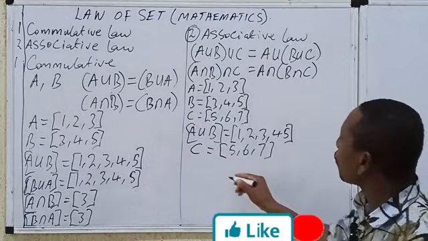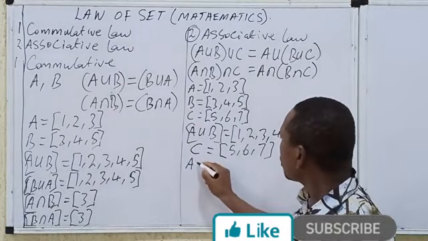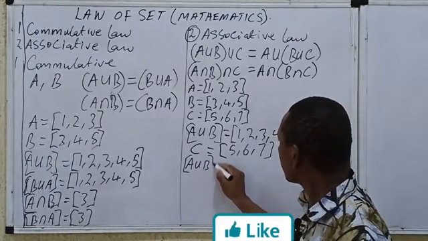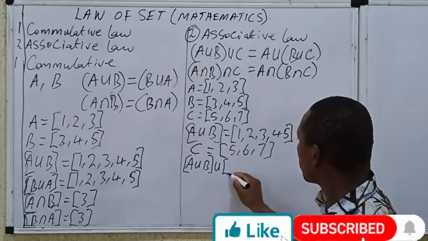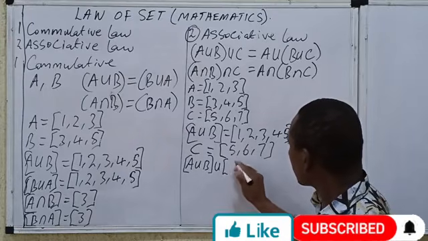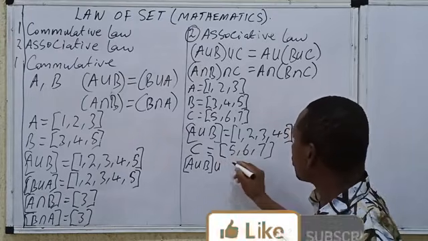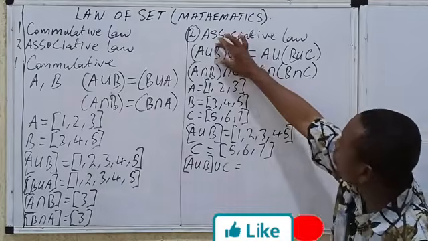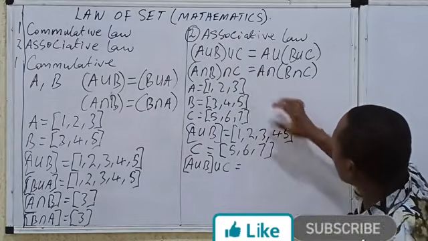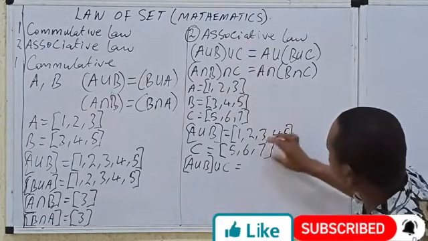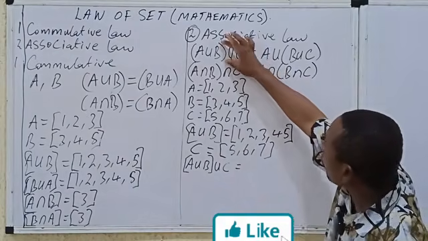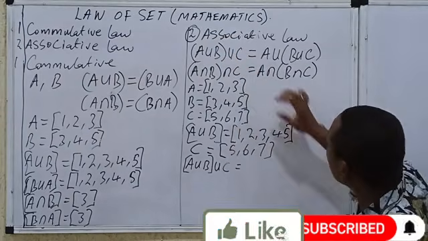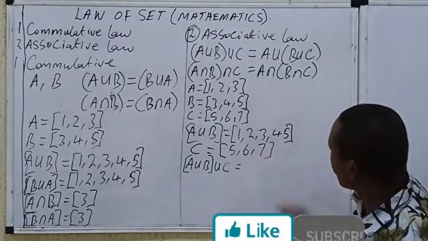Now let's look for A union B union C. Remember, I solved this one first, which I did here, then I picked this one, which I dropped here. So I now want the union of the answer here and this.